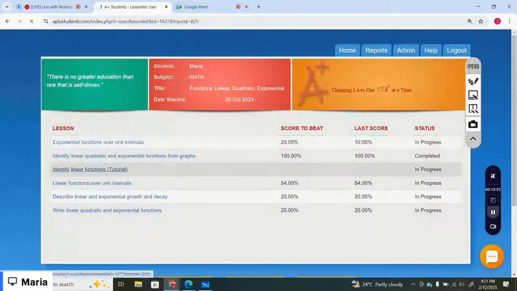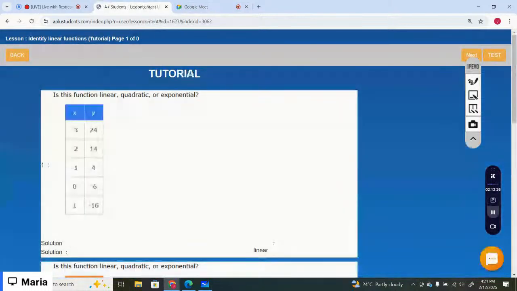That is, identify linear functions. Is the function linear, quadratic, or exponential?